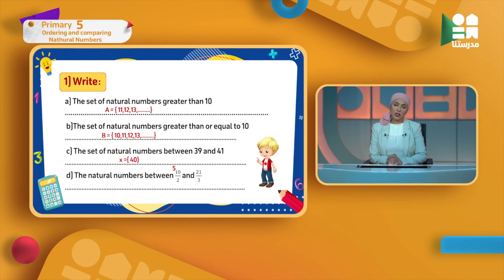And the second one, 21 over 3, equals 7. So now they turn out to be whole numbers and not fractions, and I will deal with them normally as natural numbers. I want the set of natural numbers between 5 and 7. So my set Y equals the set of element 6.